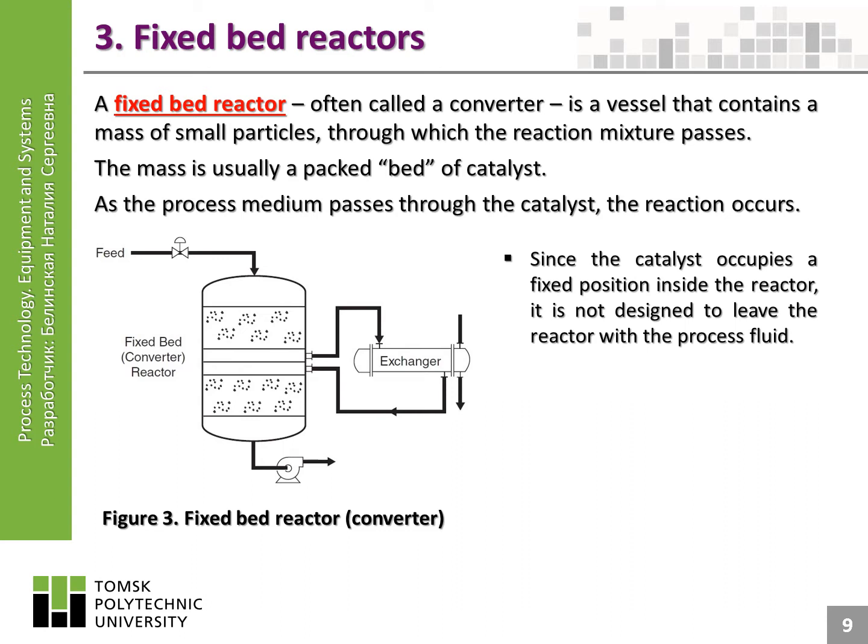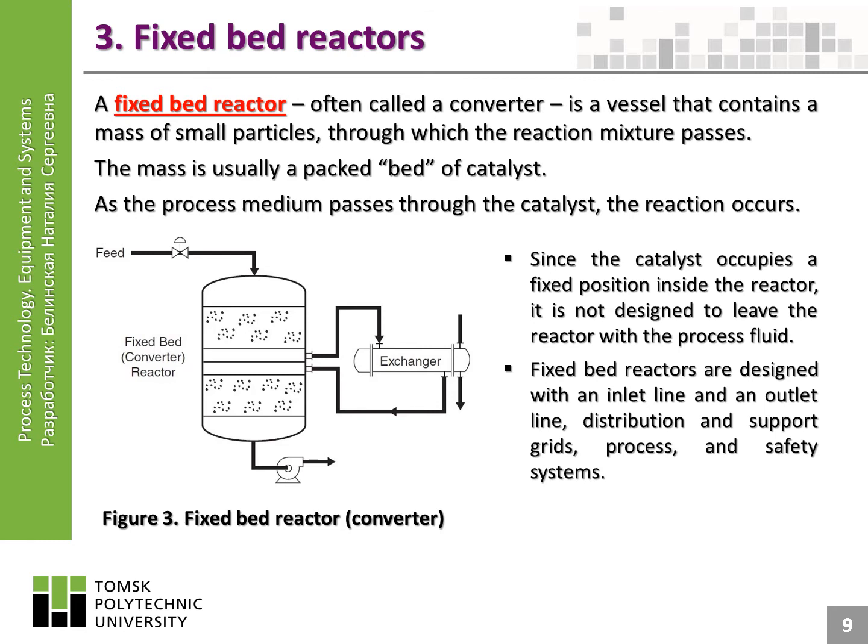Since the catalyst occupies a fixed position inside the reactor, it is not designed to leave the reactor with the process fluid. Fixed-bed reactors are designed with an inlet line and an outlet line, distribution and support grids, process, and safety systems.